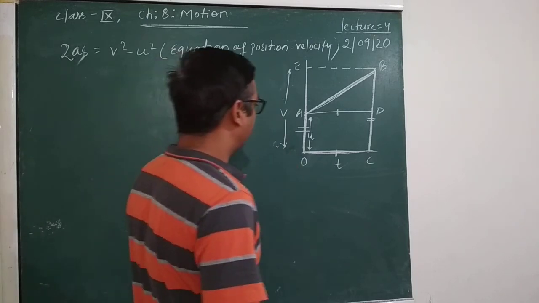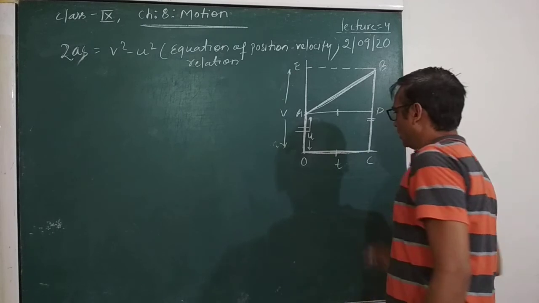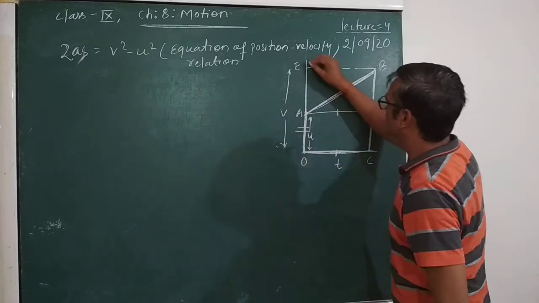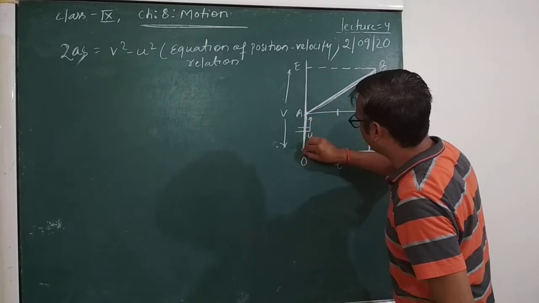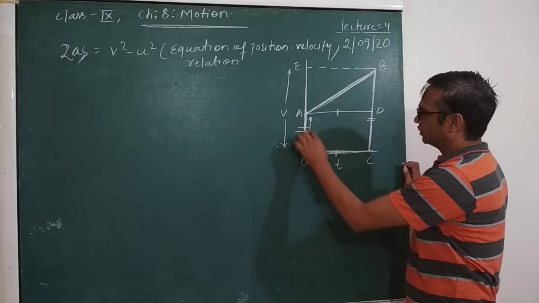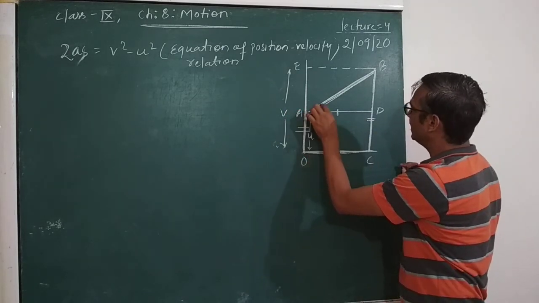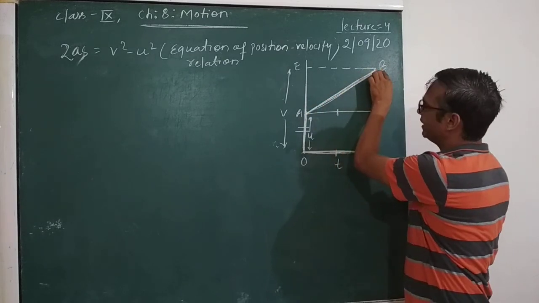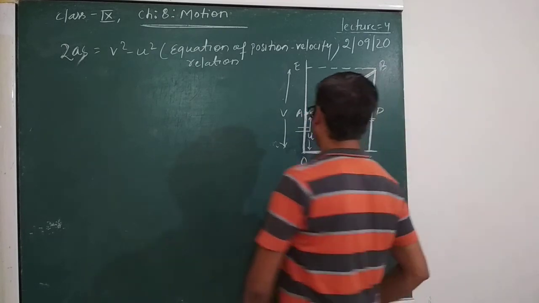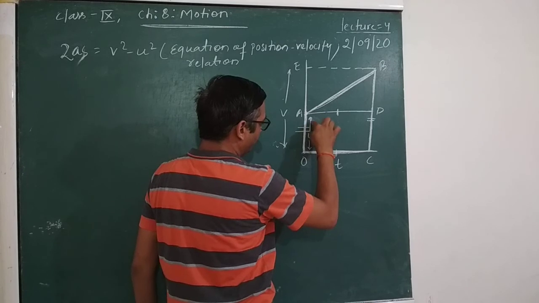Now see, in the previous lecture we have done that this is the object, this is the body, this is a graph. First we have to draw this. The object is at A and it is traveling to B. During that time the initial velocity of the object at A is u.